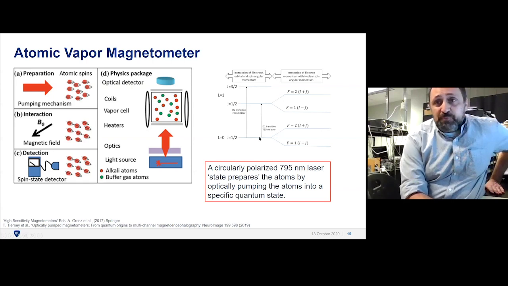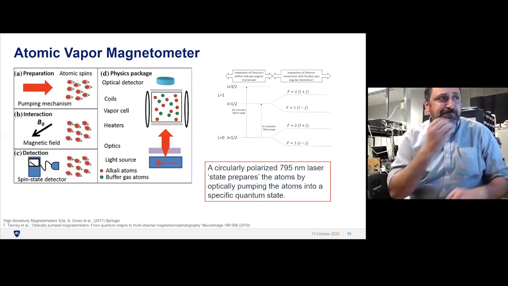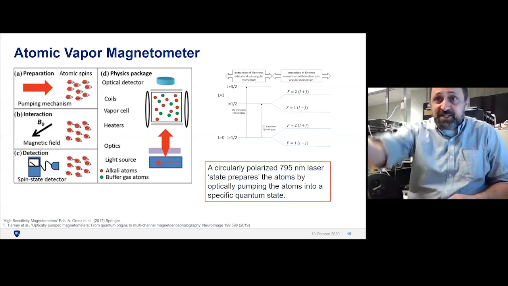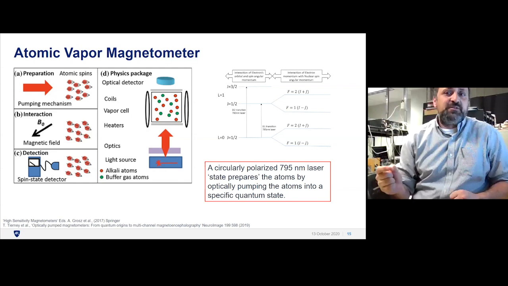If you remember the Balmer series from last week, the electrons had discrete energy levels around the hydrogen atom. And when you excited the electrons in the hydrogen atom, like our neon tube, they emitted light at a specific frequency. Here we're doing the opposite.